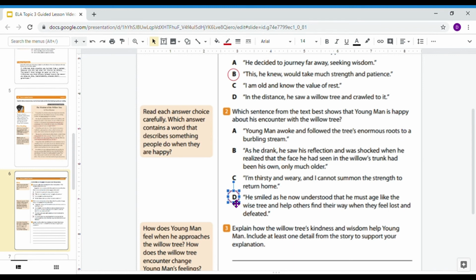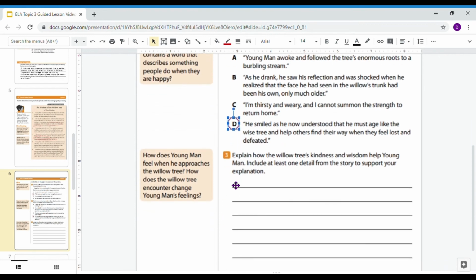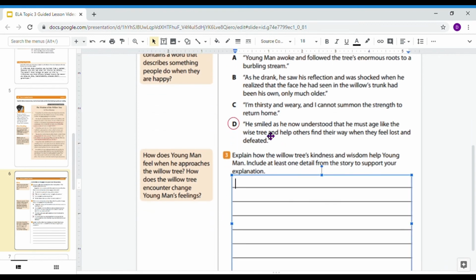And then C is just describing him as thirsty and weary. And again, those are adjectives or describing words that I don't really associate with being happy. So in this case, I'm going to take the he smiled and say that smiling is really showing us that he's happy about his encounter with the willow tree.